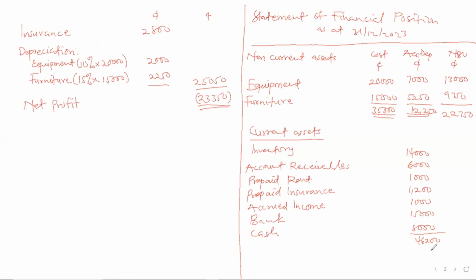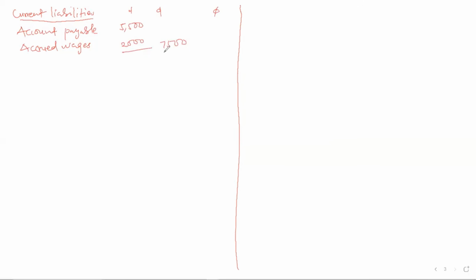That is our total current assets. We less it from it, and when we do, we get working capital, which is 38,700. That is our working capital.